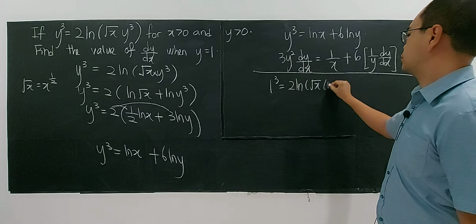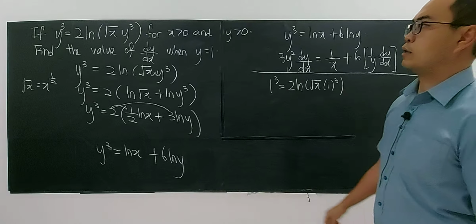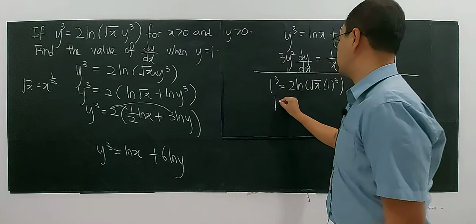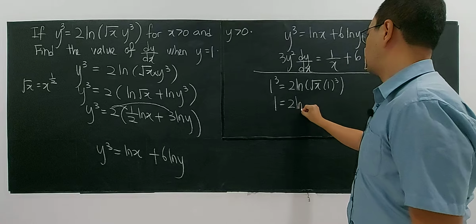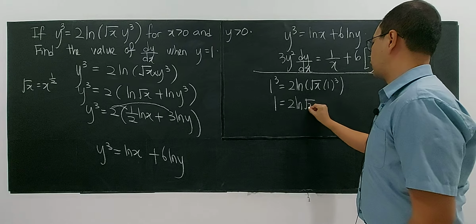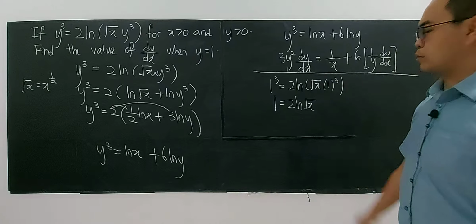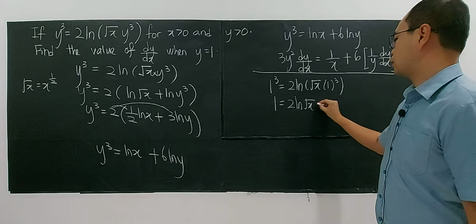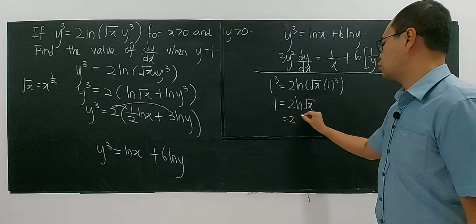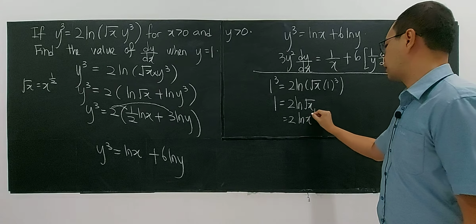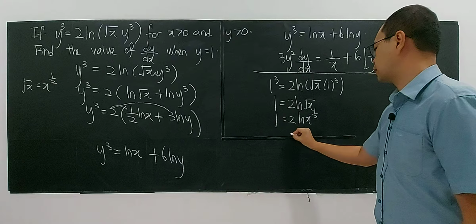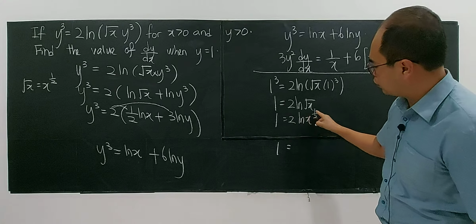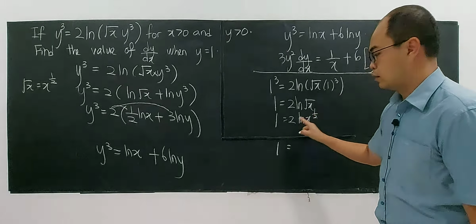So you have 1 equals 2 ln square root of x, which simplifies to 2 ln x to the power 1/2. Then the 1/2 comes down, and 1/2 multiplied by 2 gives 1.